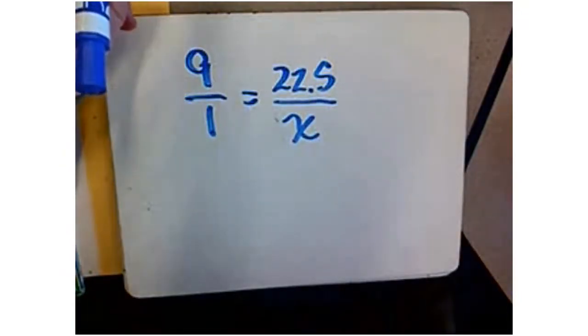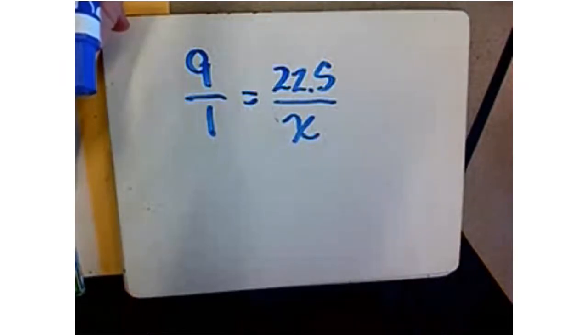And how we would know that, as it said earlier, the compression ratio is the expanded volume of the cylinder to the compressed volume. Expanded volume to the compressed volume. So 9 to 1. So if the expanded volume is 22.5, what is the compressed volume?